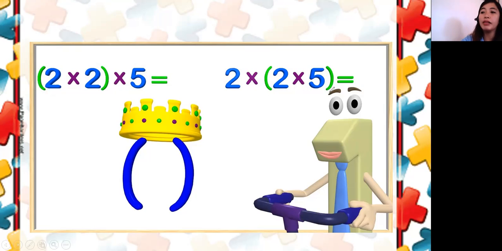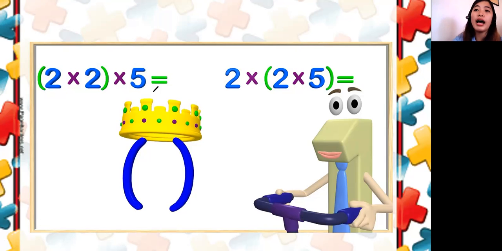Let us try to multiply. As what I told you last time, if there are numbers in a group, the group is the one in the parentheses. That is the one that you should multiply first, or do first. So in this number sentence, what is in the group? Yes, 2 times 2.